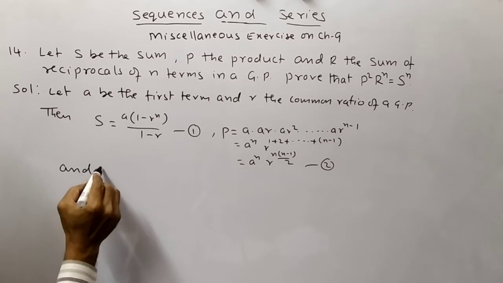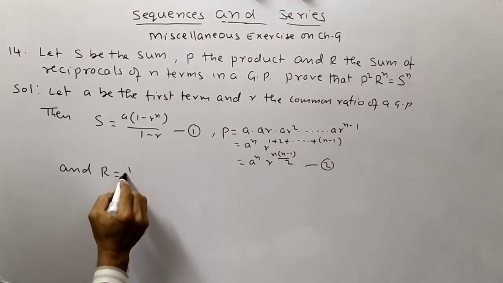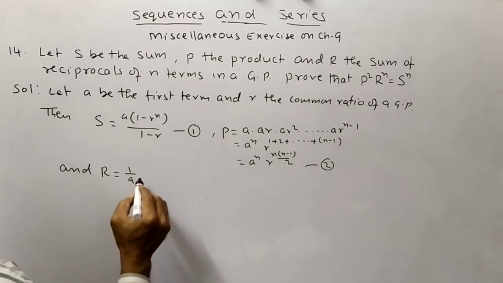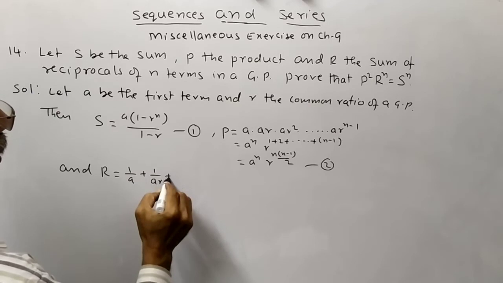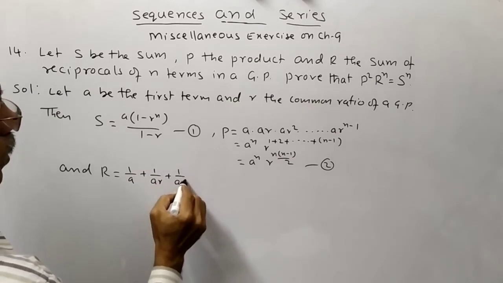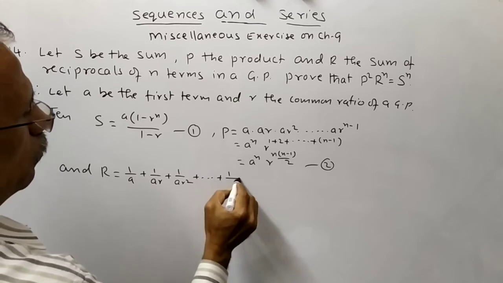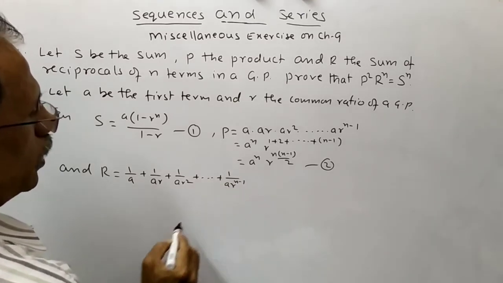And capital R is equal to 1 by A, because sum of reciprocals of n terms: 1 by AR plus 1 by AR square plus ... plus 1 divided by A into R raised to the power n minus 1.